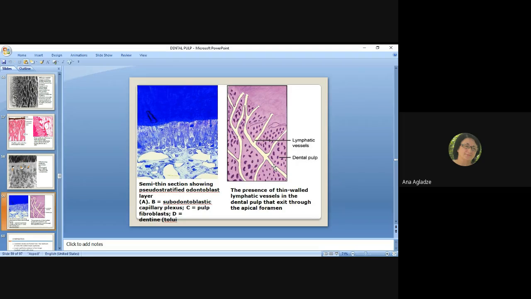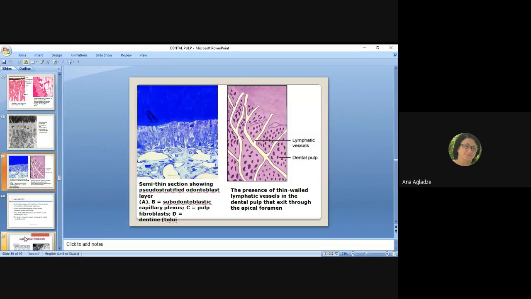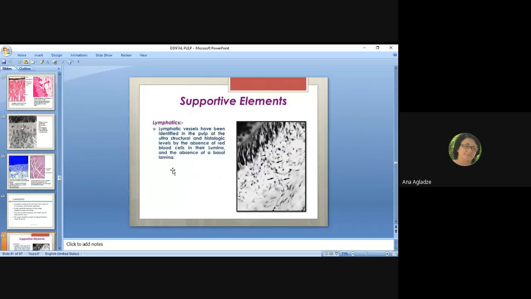This provides the unidirectional movement from interstitial fluid into the lymph vessels. It is very difficult to differentiate these lymphatics.